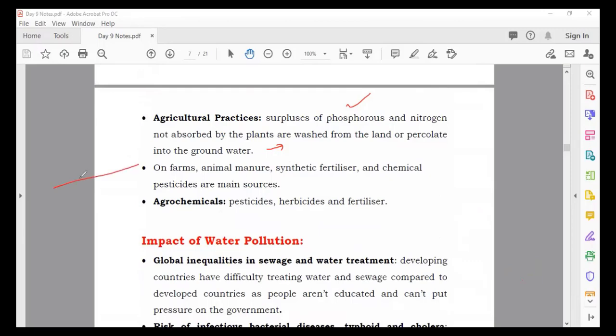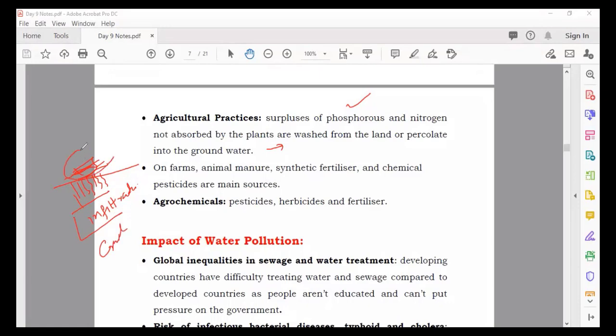Because if you remember, if there is water on the ground, in the last topic, did you see infiltration? What was infiltration? The water above the surface slowly seeps or sinks into the ground and mixes with the groundwater.